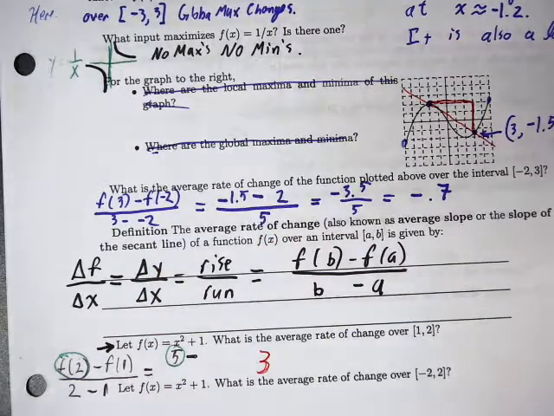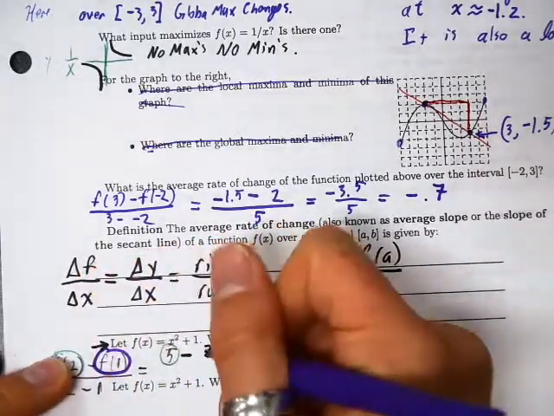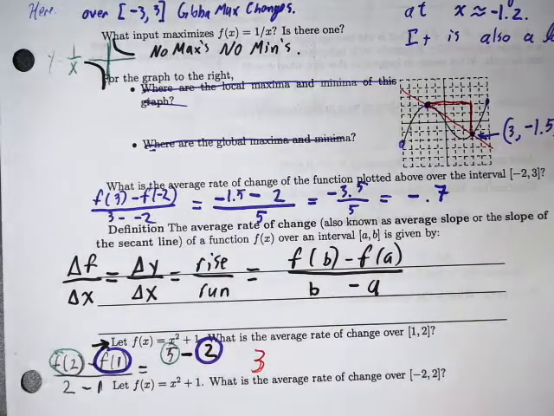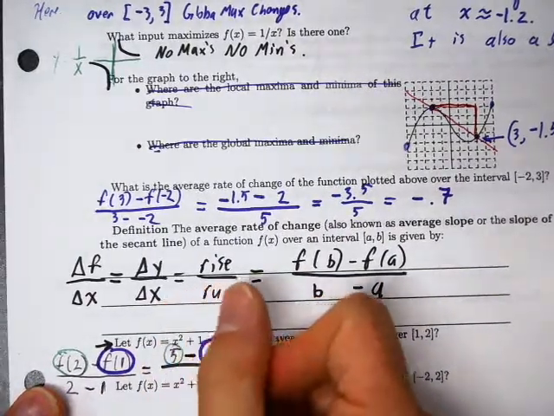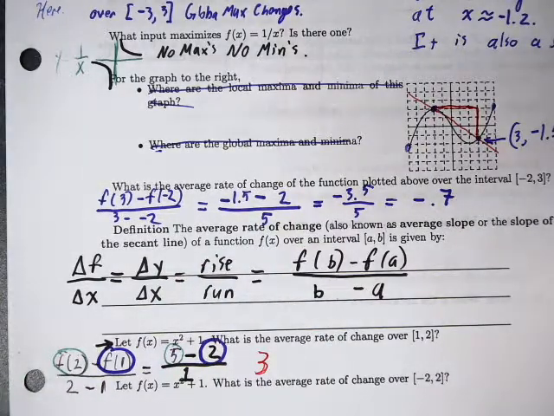Minus, what do you get when you plug in x equals 1? 2, I think. 2. And then you need to divide by 2 minus 1, but 2 minus 1 I think is just 1. So I wind up with 5 minus 2 all over 1. 5 minus 2 is equal to 3, I guess. And 3 divided by 1, well, division by 1 is the easiest thing to do, so that is just 3. Was that helpful?